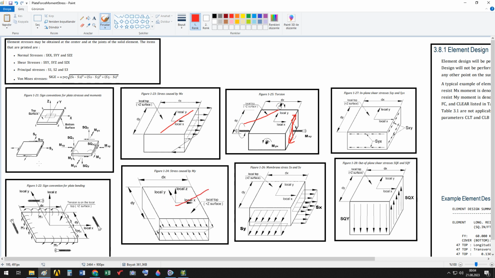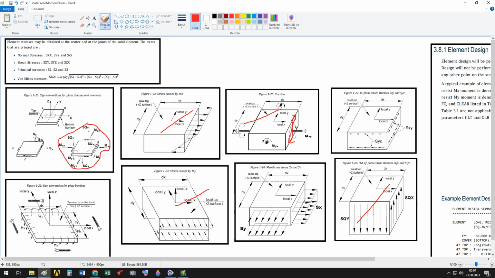Now, because of shear forces SQX and SQY, the shear stresses developed at the plate are as shown here. So that's also illustrated. We have, in addition, those are forces, not stresses. Those are also forces.